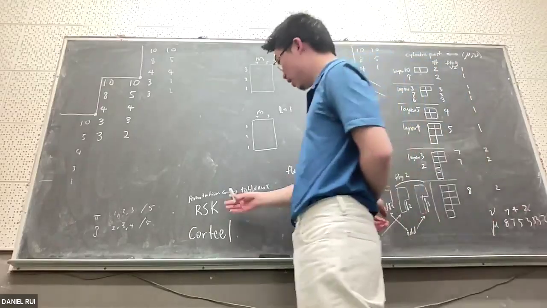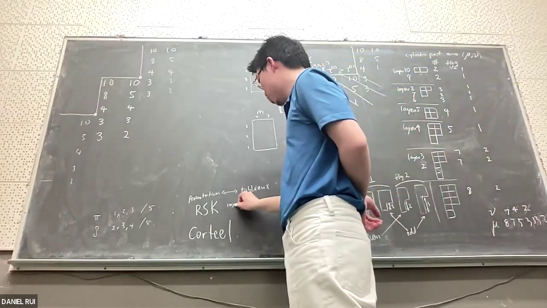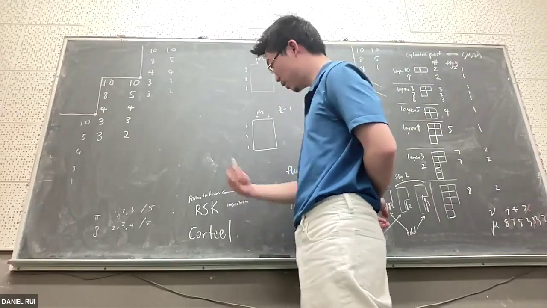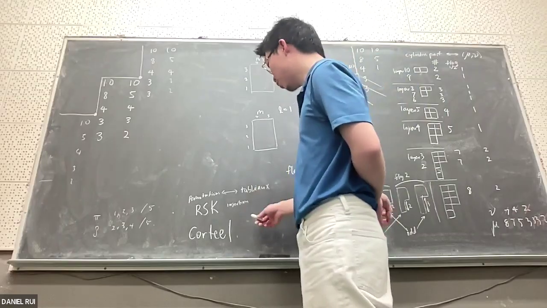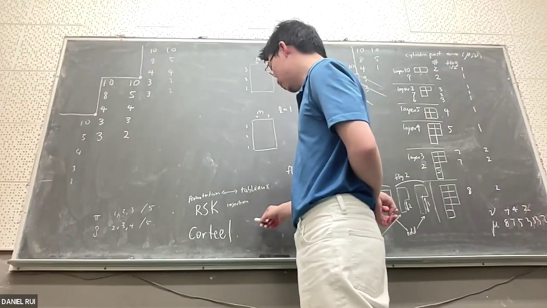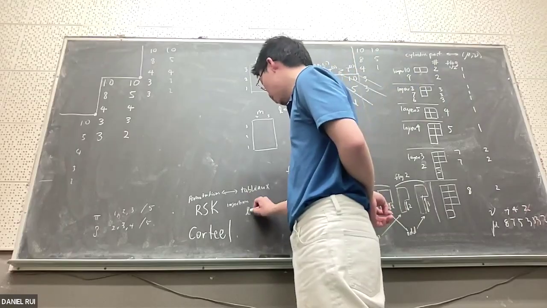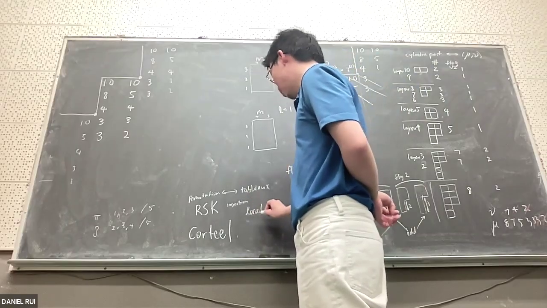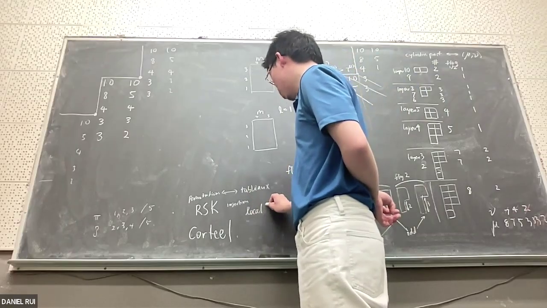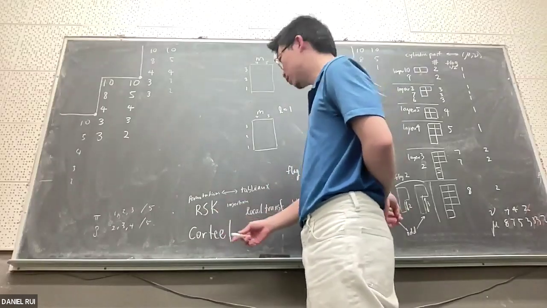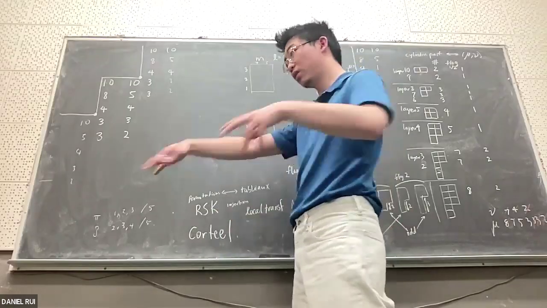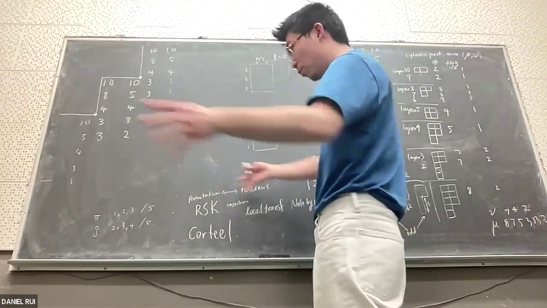And there's something called an insertion algorithm for RSK. That was how it was first written down. And maybe in 2014 or something, it was discovered that there's a local transformation rule for RSK. So the insertion algorithm is kind of global. You work with lots of boxes at the same time. You have to have the whole picture.